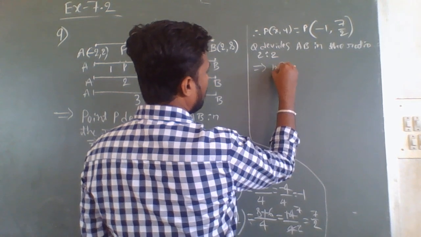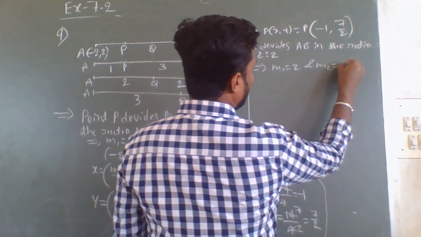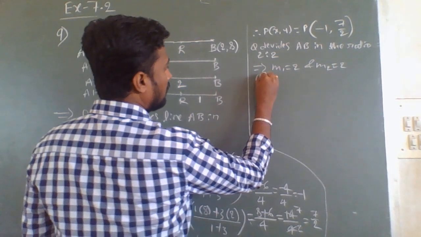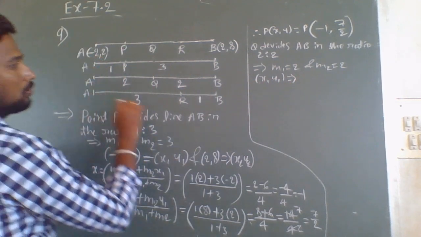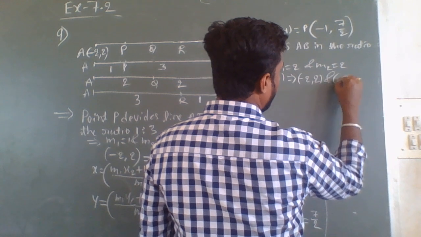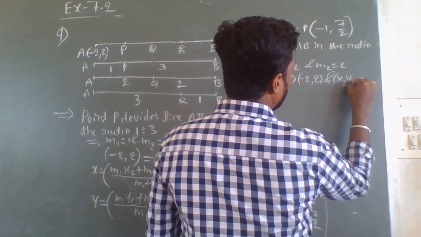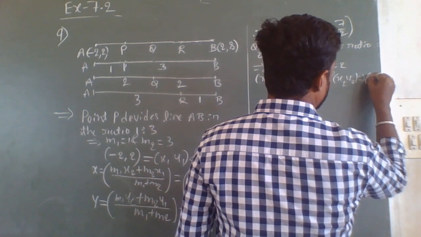Therefore, you can write M1 equals 2 and M2 equals 2, and again x1, y1 values are minus 2 comma 2 and x2, y2 values are 2 comma 8.